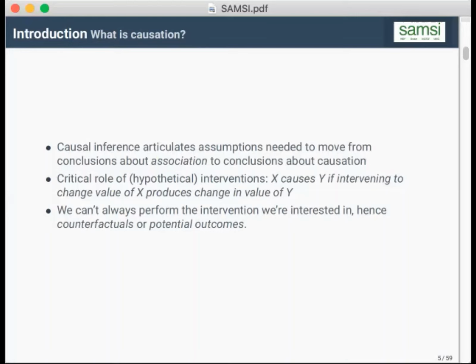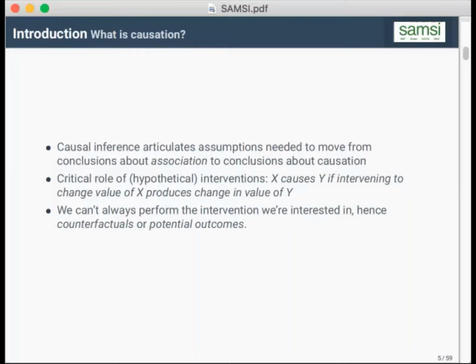So causal inference asks questions like, if we could intervene to change X to some value, what would happen to Y? If we could intervene on a treatment or exposure, what change would we see in the outcome?